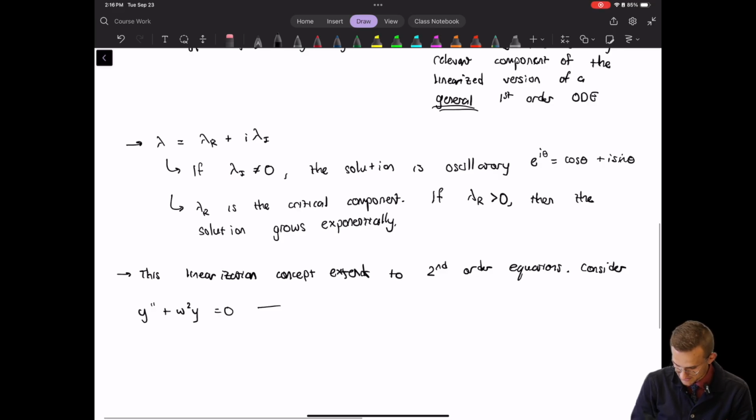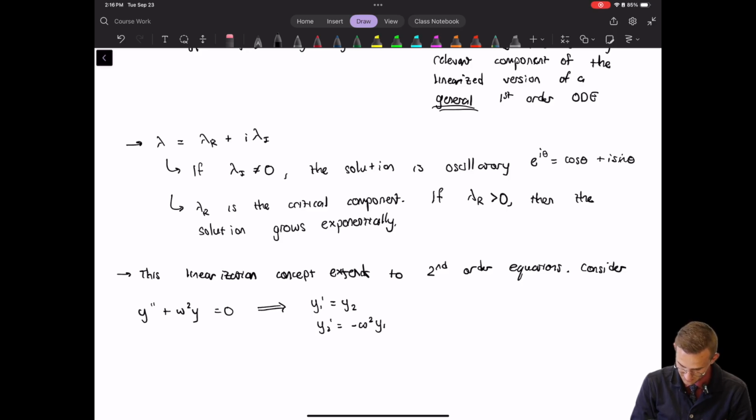We can rewrite this as a set of first order equations, right, where we define y2 is equal to y1 prime, so y1 prime is equal to y2, and y2 prime is equal to minus omega squared y1.